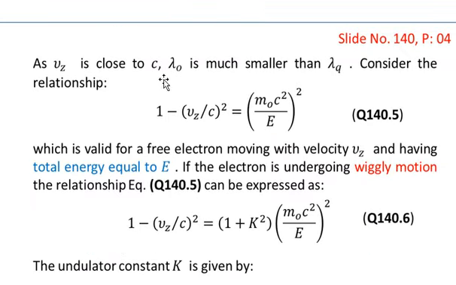As Vz is close to C, lambda naught is much smaller than lambda q.